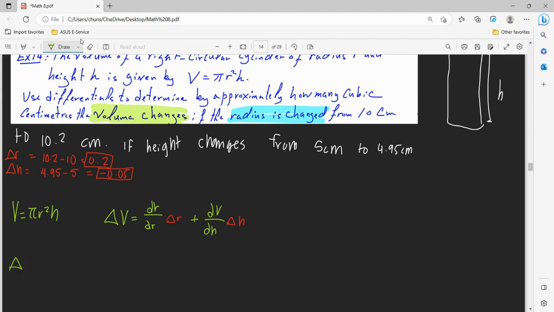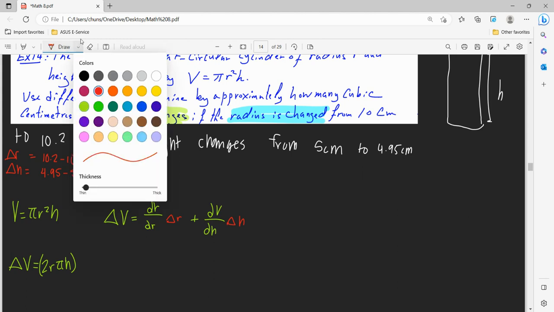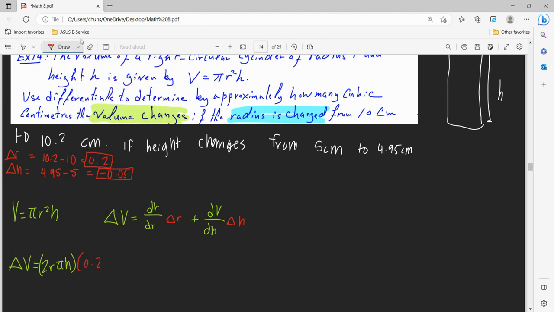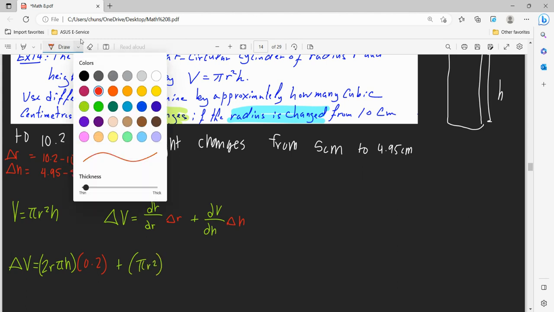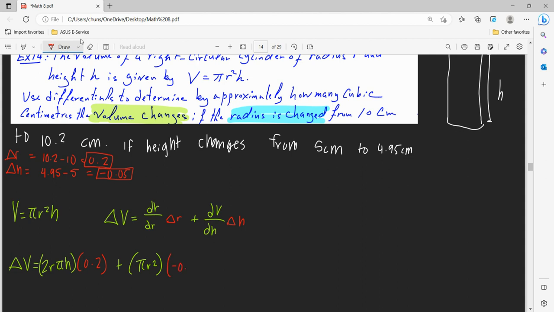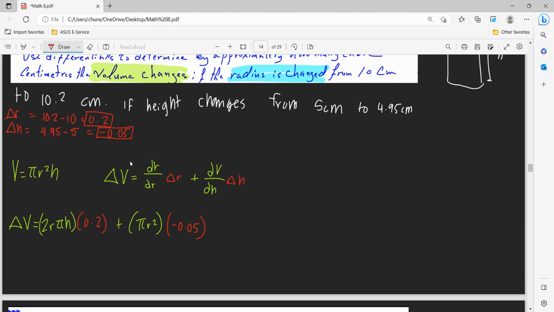Right, so this is similar to related rates from Calculus 2. So if we were to derive this equation just with respect to r, this would give 2 r pi h, and this is times our 0.2. And then we have plus, so now we're going to use dh. This just gives pi r squared, and this is times our delta h, which is negative 0.05.